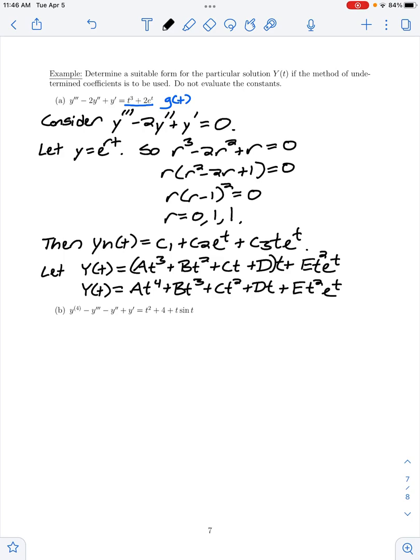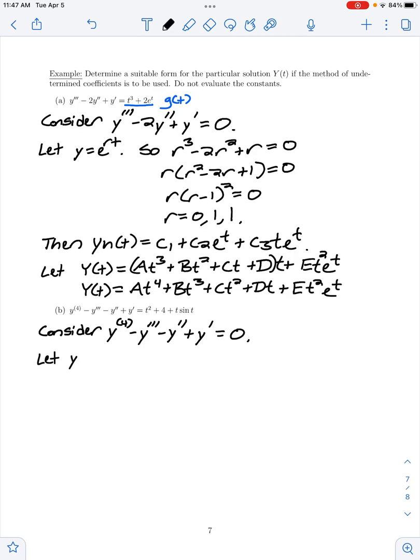And so let's look next at part B. In part B, we have a fourth order linear non-homogeneous equation with constant coefficients. So same approach to begin with. We can consider the homogeneous equation, the fourth derivative of y, minus y triple prime, minus y double prime, plus y prime is equal to 0.